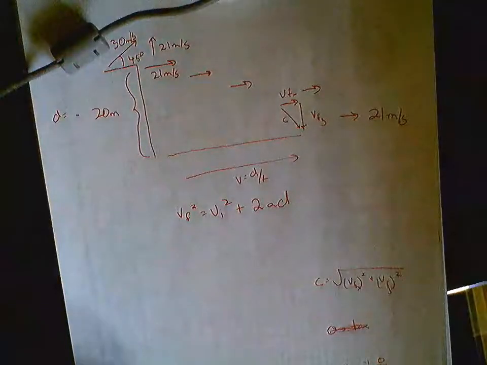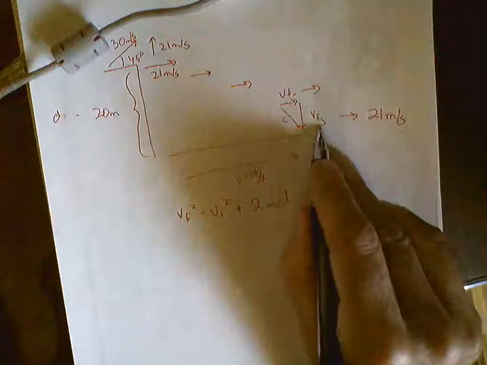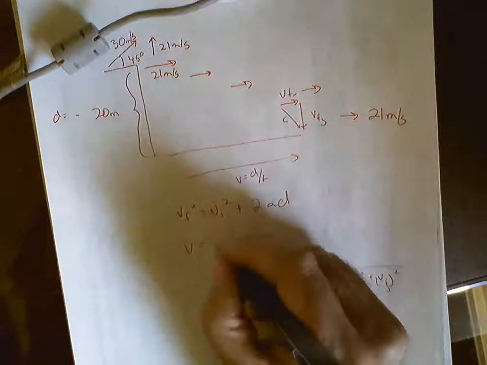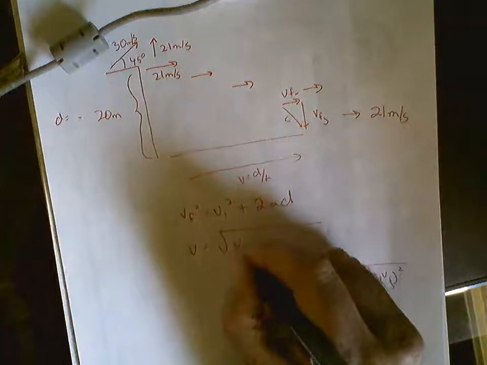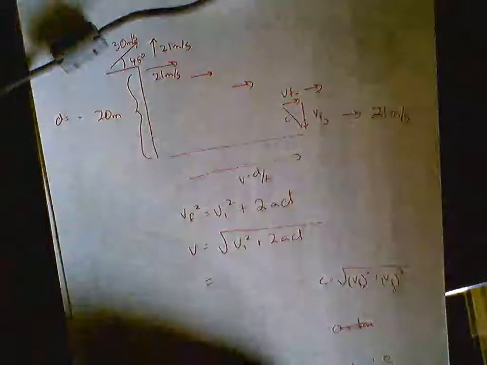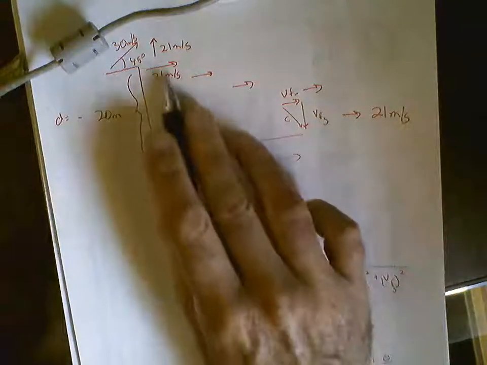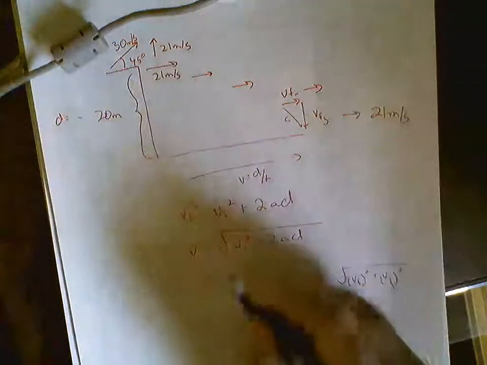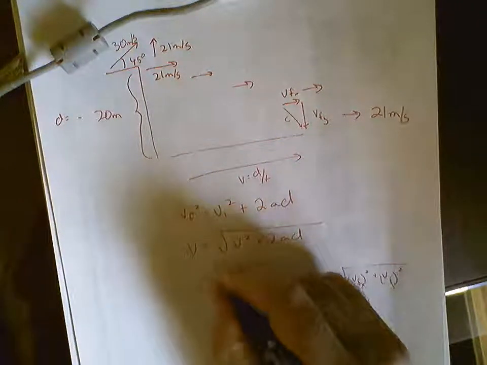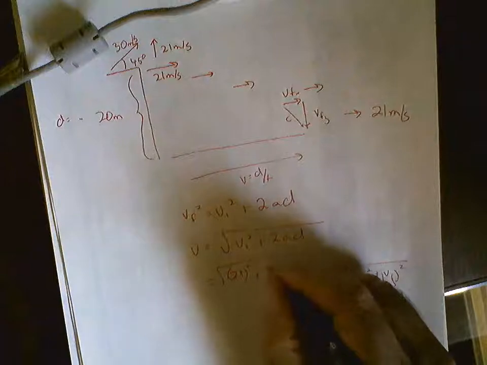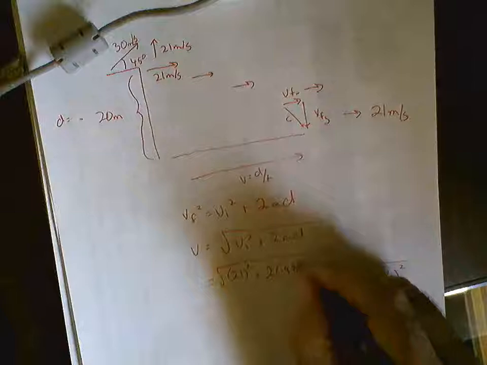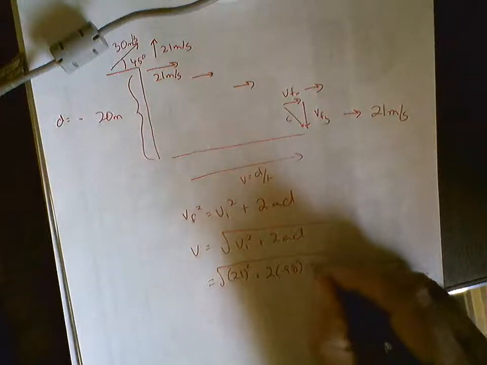What that's going to tell us is what our final velocity is in the y direction coming down. So V equals the square root of VI squared plus 2AD. In the y direction, we are going 21 meters per second to start with. It's a positive value because it's going up, plus 2 times negative 9.8, and our distance is negative 20.